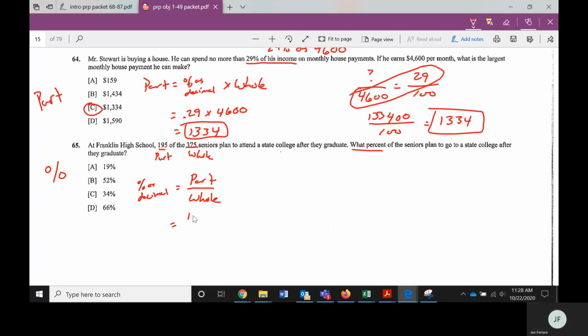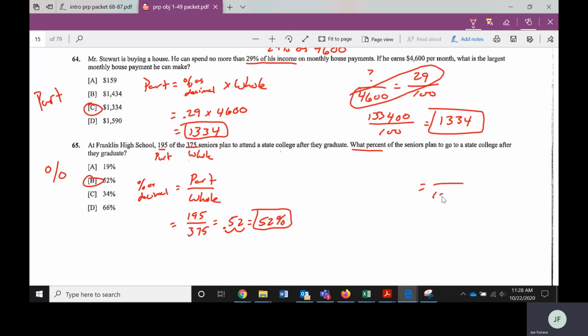So part is 195. 195 out of 375. So you take 195 divided by 375. You get 0.52. Now you have to convert that to a percent, make it bigger by 2 spots. So it's 52% want to go to state college.